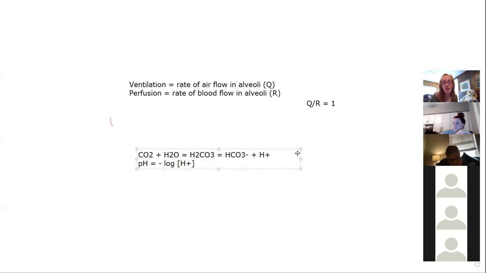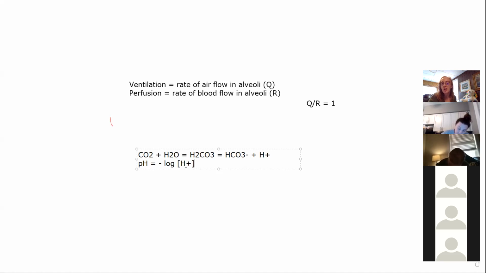So as carbon dioxide goes up, carbonic acid goes up. As carbonic acid goes up, it immediately dissociates into bicarbonate and hydrogen ions. pH is a measure of the hydrogen ion concentration.